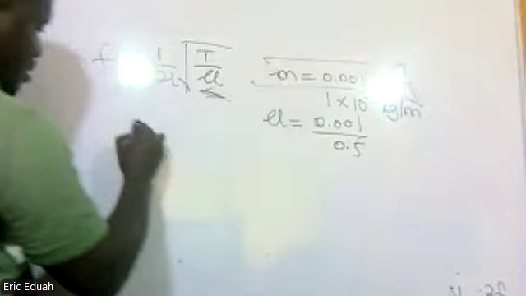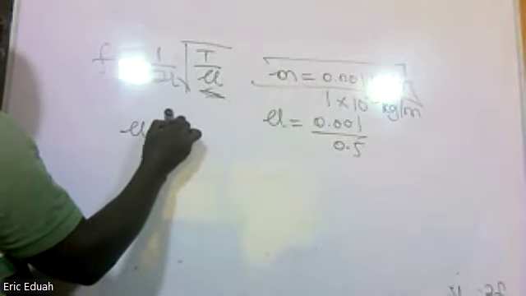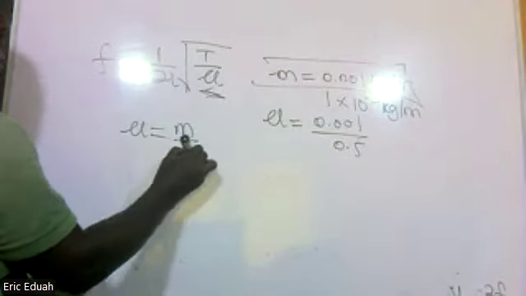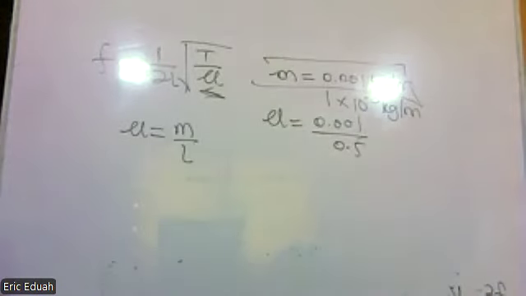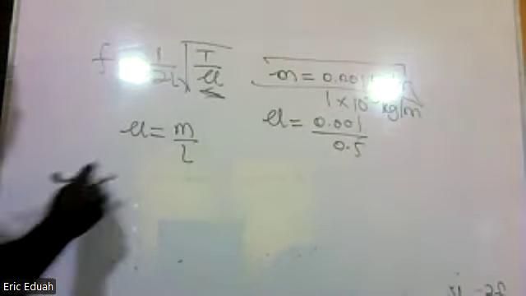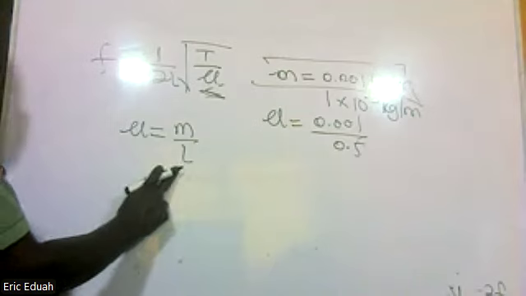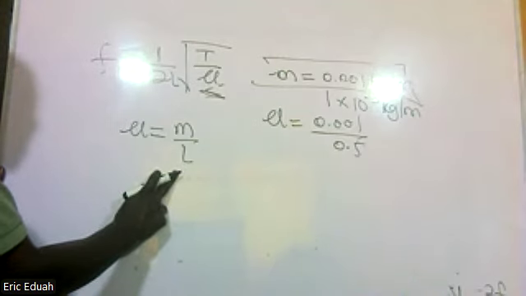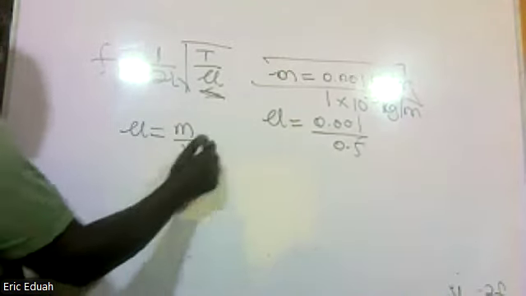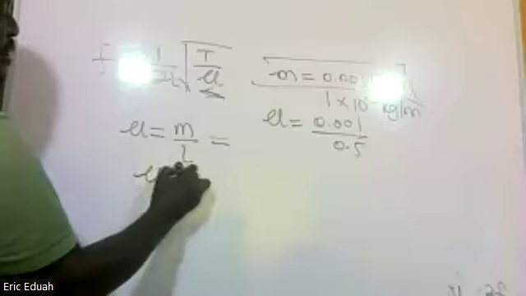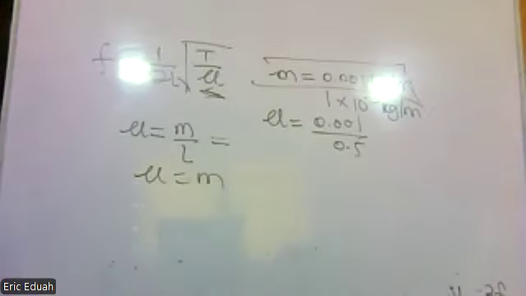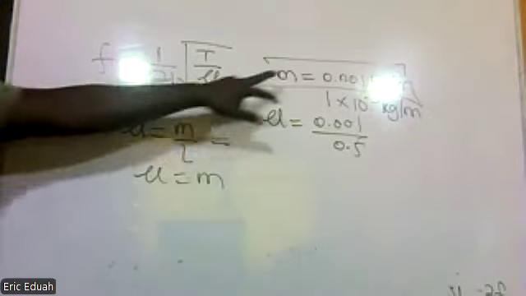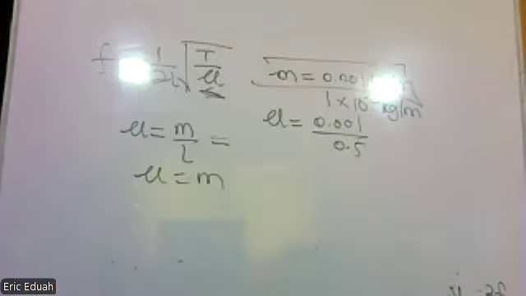If the length of the string is 1 meter, then in this case mu will just be equal to M.